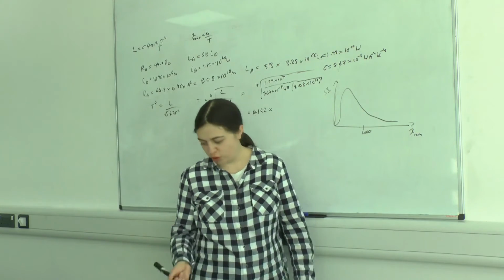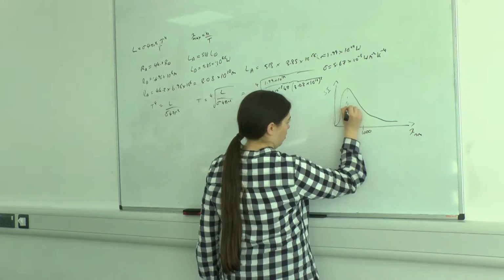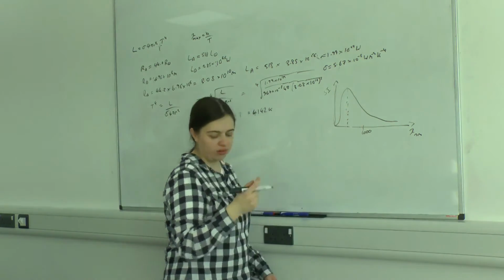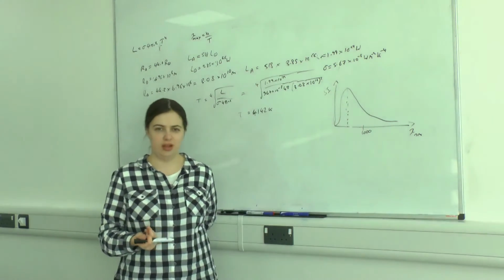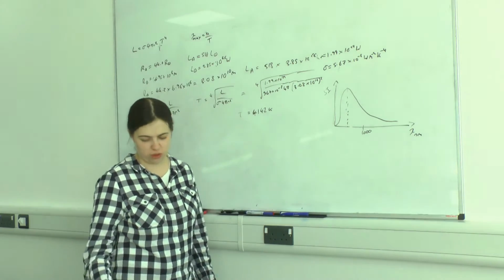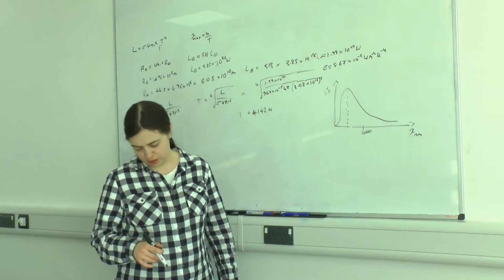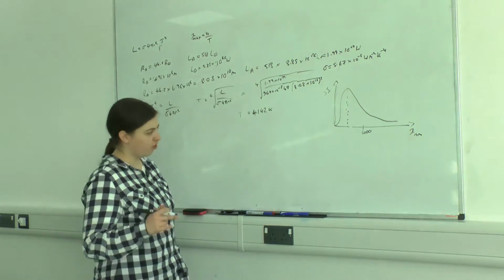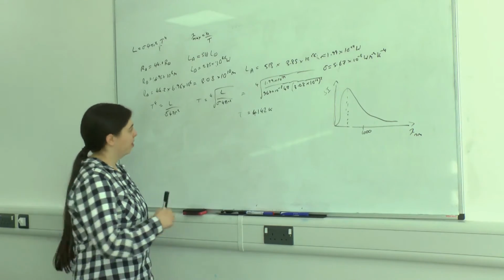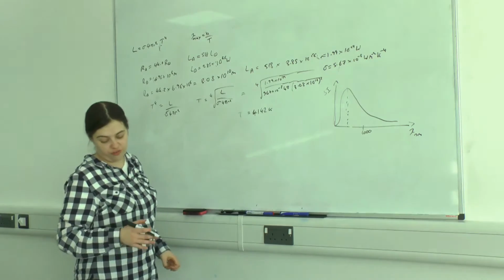Right, so first of all, you need to find the peak wavelength on here. They say between a range of 700 nanometers and 750 is acceptable, so it's up to you what you judge the peak of the graph to be. You need to use Wien's law for this, so you need to rearrange it for temperature.